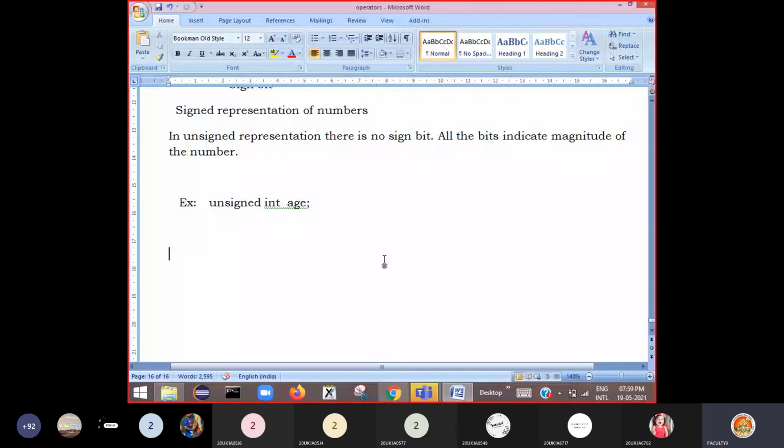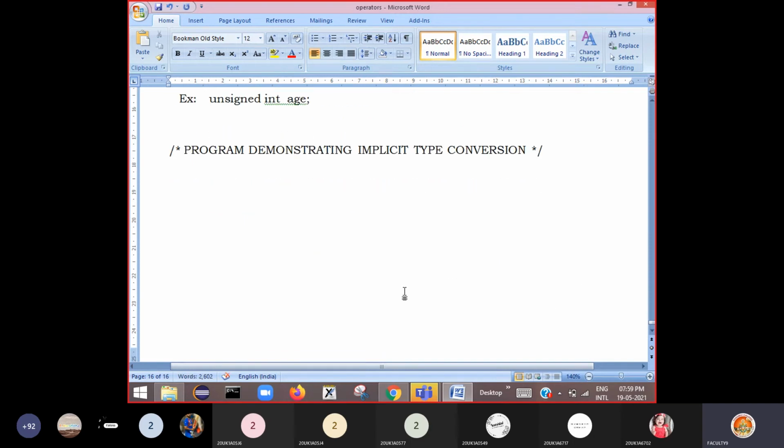A simple example program demonstrating implicit type conversion. I'll show the output also, so that you can understand how the compiler has automatically performed implicit conversion there.